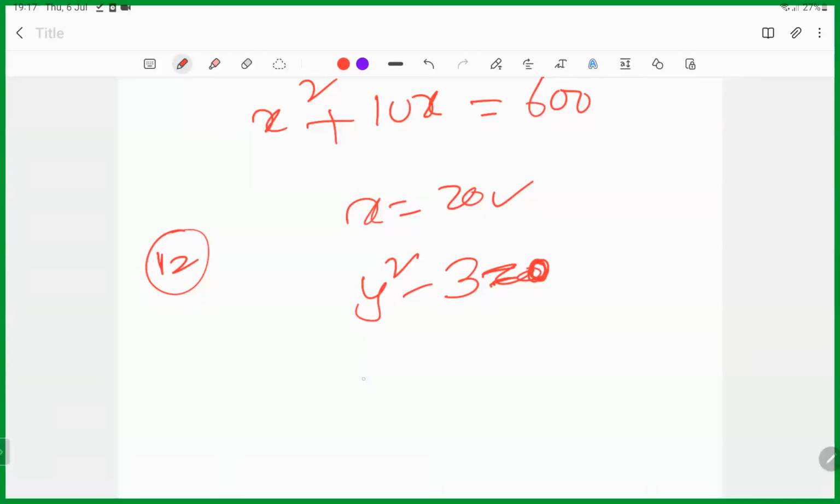How to solve this one? But they are telling you to solve by factorization, no? Is that a factorization? Then factorize.